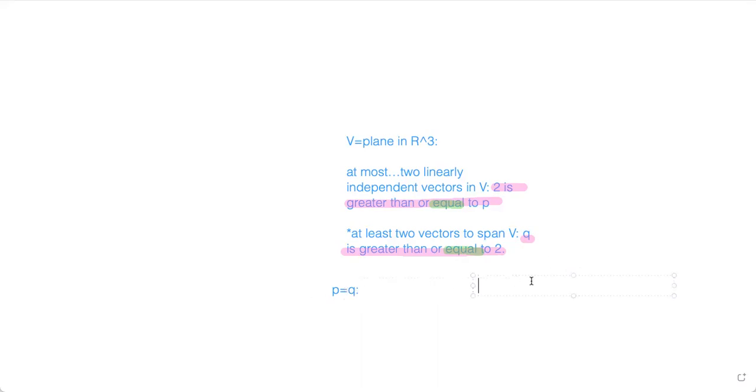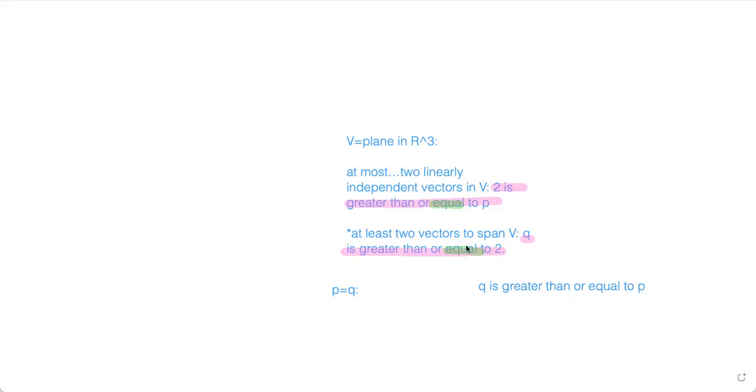So you've got at most two linearly independent vectors in V, right? With 2 being greater than or equal to P, and then Q is greater than or equal to 2. In other words, P is less than or equal to 2, Q is greater than or equal to 2. So that means that Q is going to be greater than or equal to P, right?